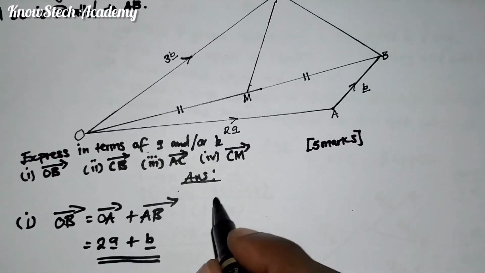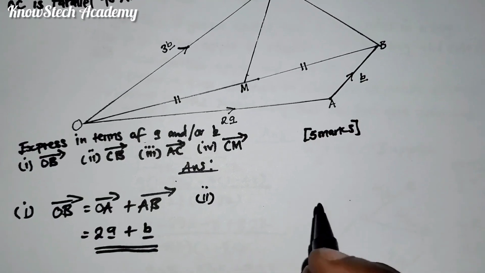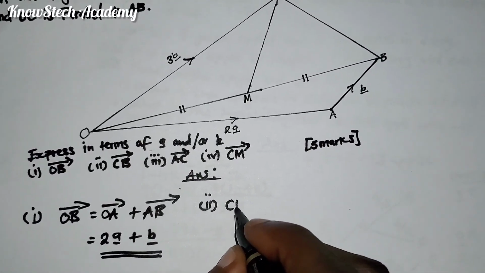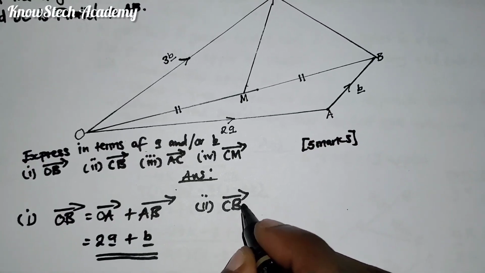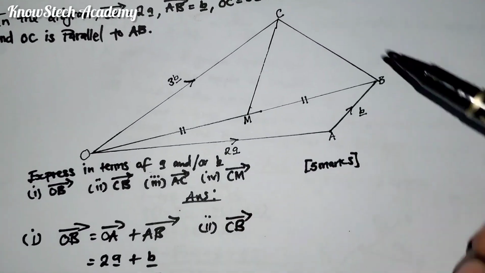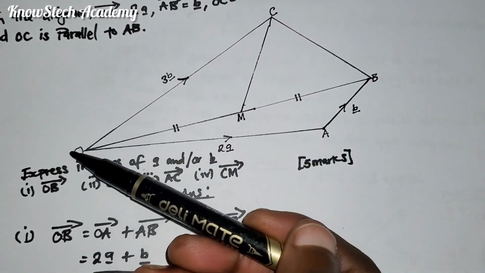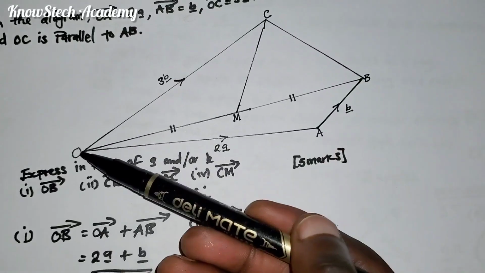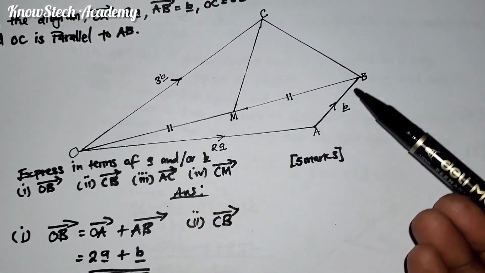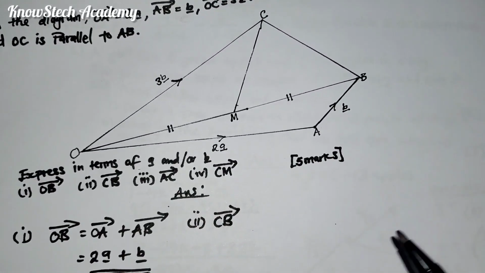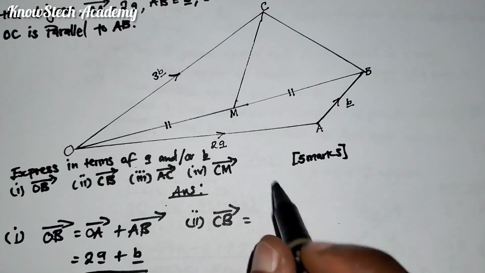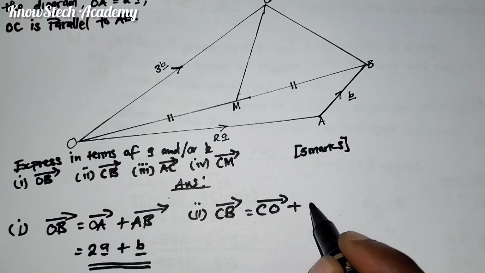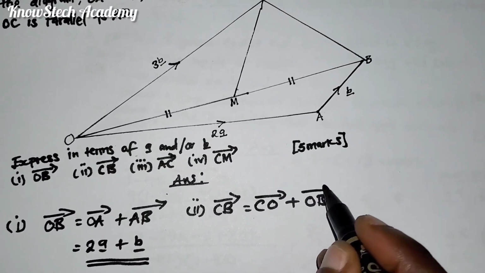Then the second question is CB. To find CB, the origin is C. You're going to move CO plus OB, or you can move CO plus OA plus AB. We're going to use the shortcut, which is CO plus OB.